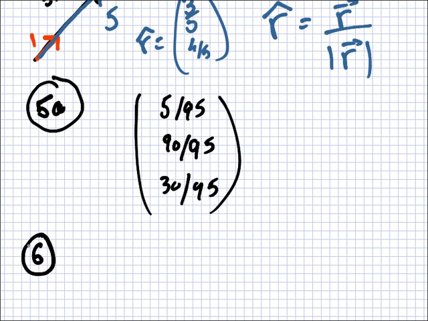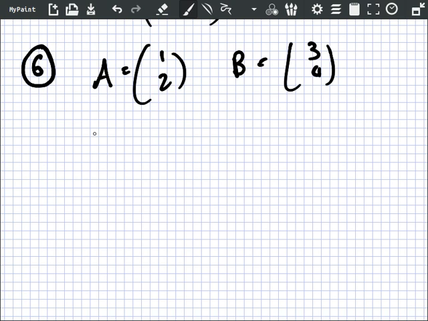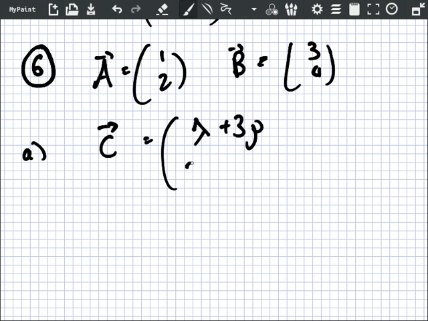What's the first question? Alright, let's have a look. So, A is 1, 2. B is 3, 4. And the first question is C is equal to lambda plus 3 mu and 2 lambda plus 4 mu.